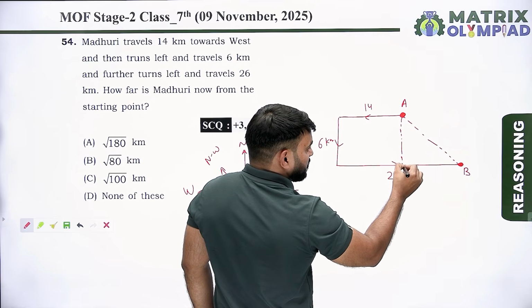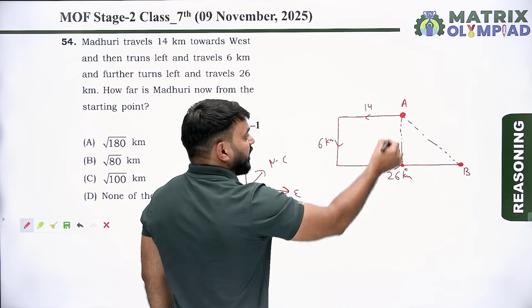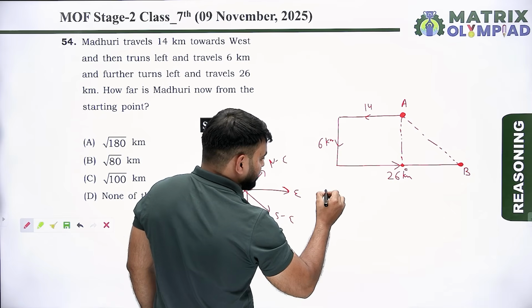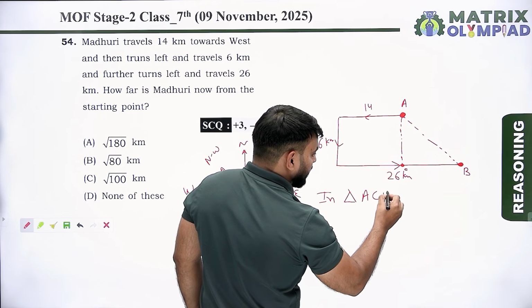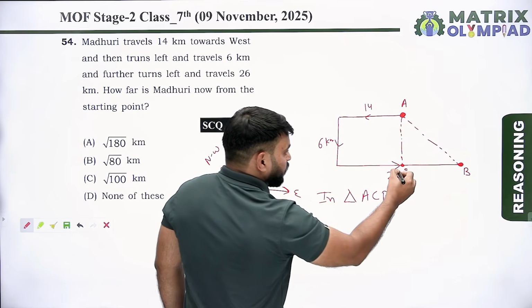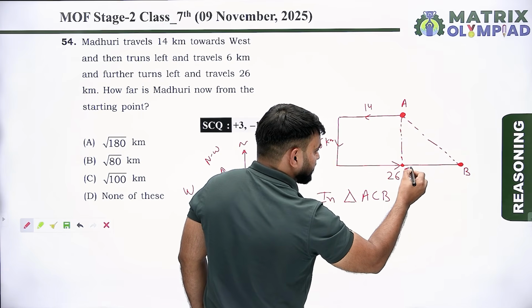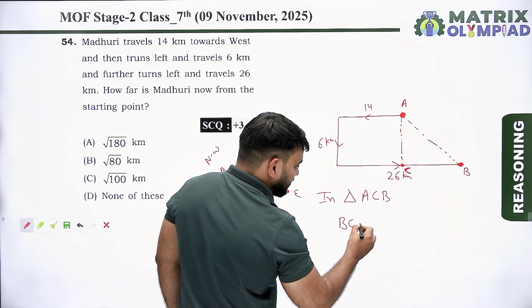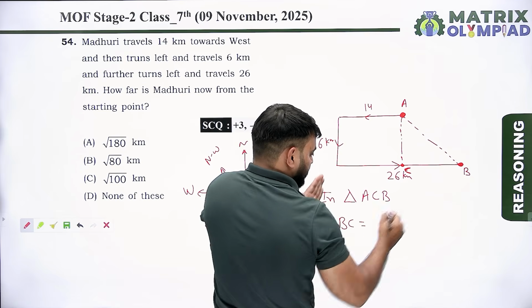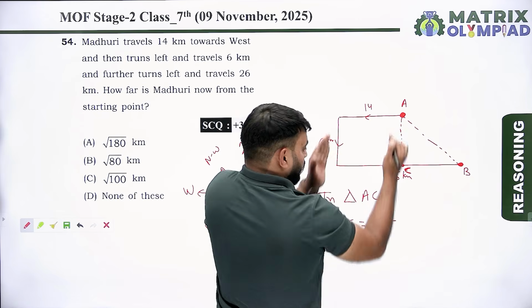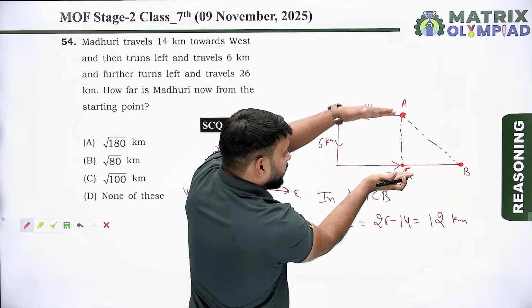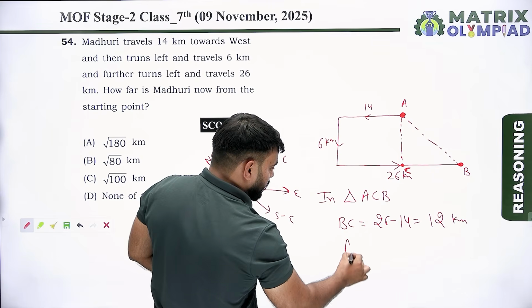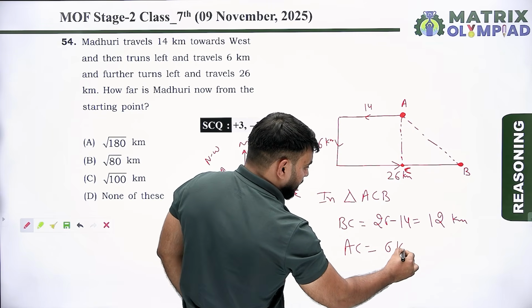Let's suppose this point is C. So in right angle triangle ACB, the value of BC is equal to 26 minus 14, it means 12 kilometer, and the value of AC is equal to 6 kilometer.